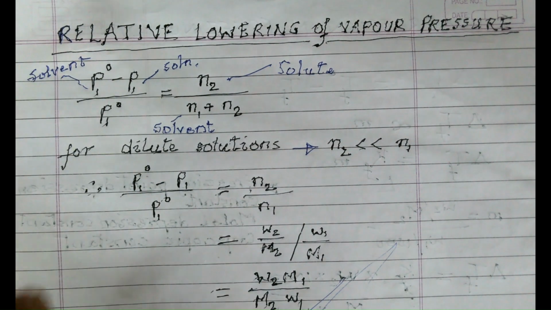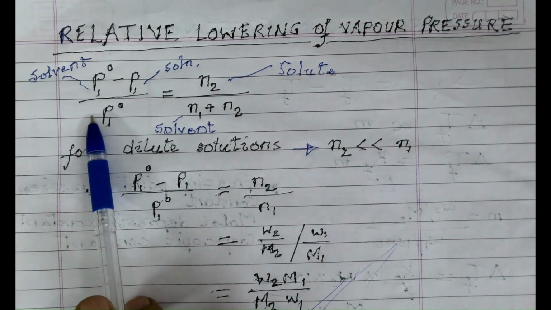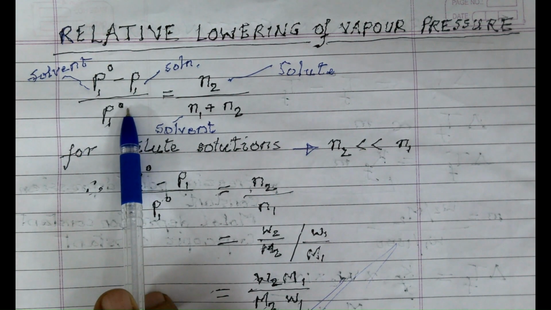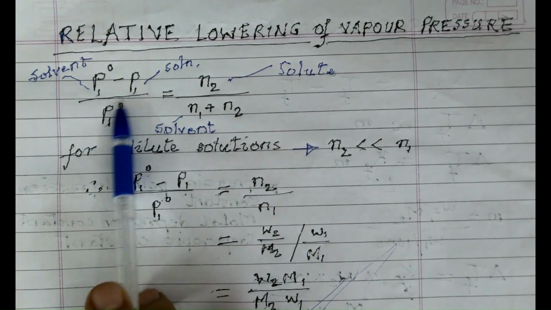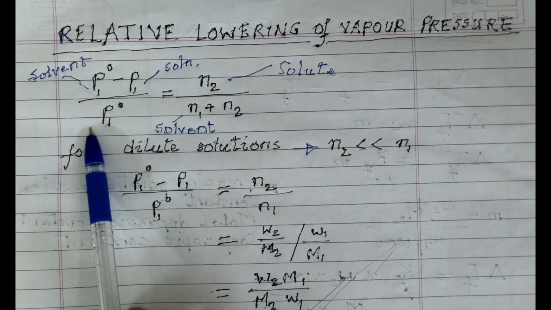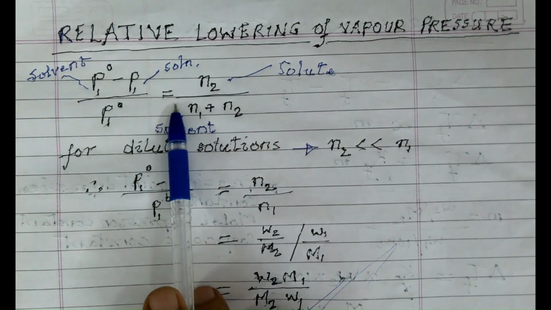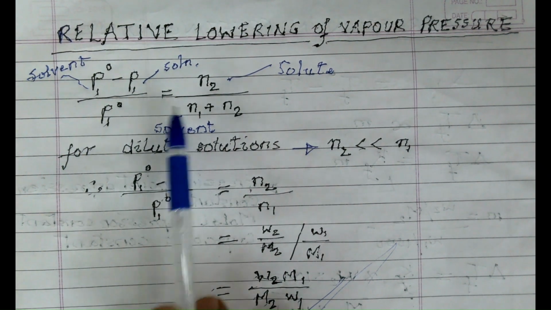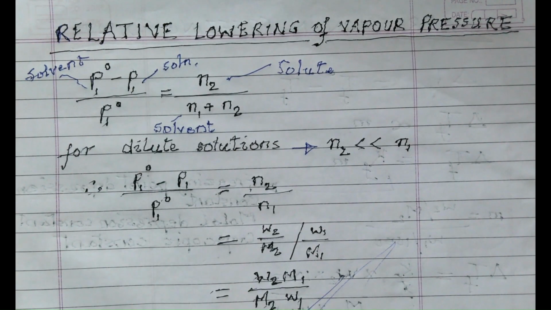But we are interested in relative lowering of vapor pressure. This is definitely a ratio, which is P1 naught minus P1 upon P1 naught, with P1 naught in the denominator, and this is equal to the mole fraction of the solute in the solution.